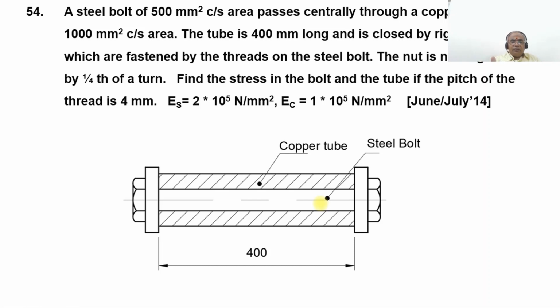As the washer comes nearer to this end by tightening the nut, there will be compression in the copper tube. The steel bolt will be under tension, because the rigid plate is coming down and the length of the steel, which is in excess, is going to be more. Naturally, it will be in elongation.